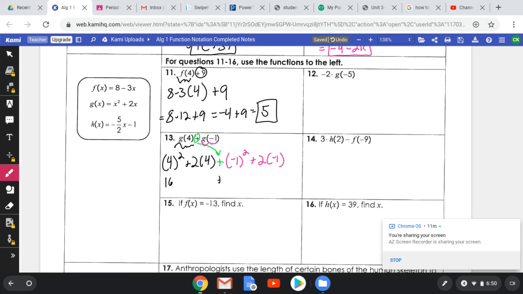Then I can multiply these two numbers also. 2 times 4 is 8. 2 times negative 1 is negative 2. So that went here, this went there, that went there, this went there. And now, just a matter of adding and subtracting from left to right. 16 plus 8, 24, plus 1, 25, minus 2 gives me 23.